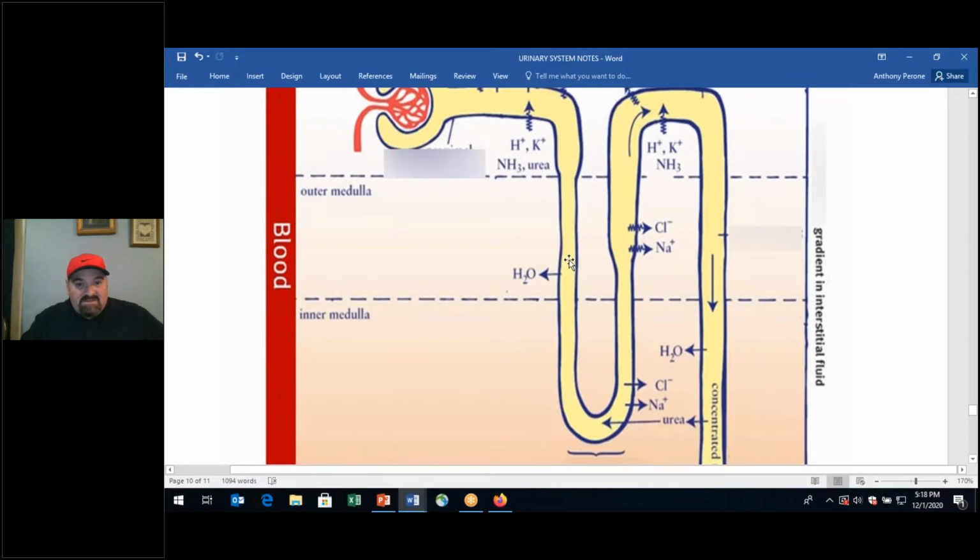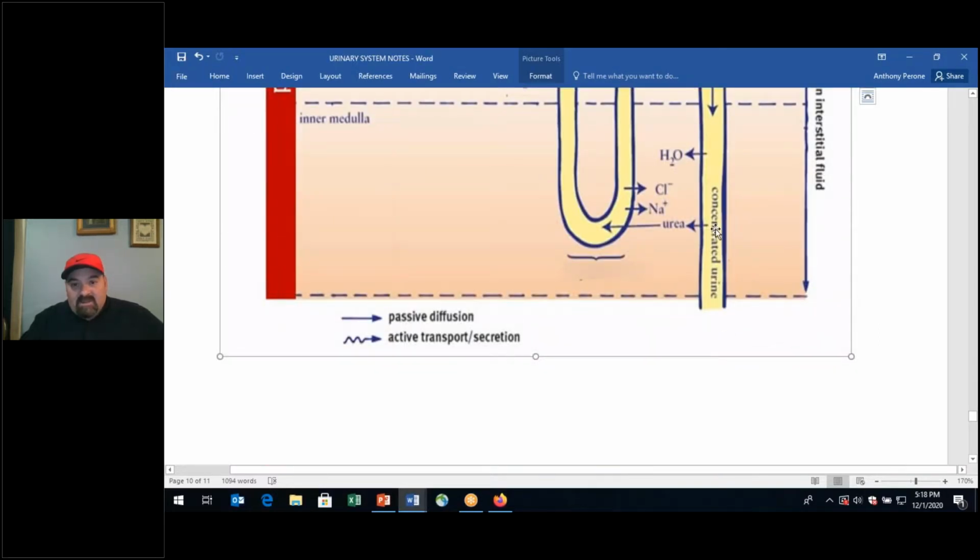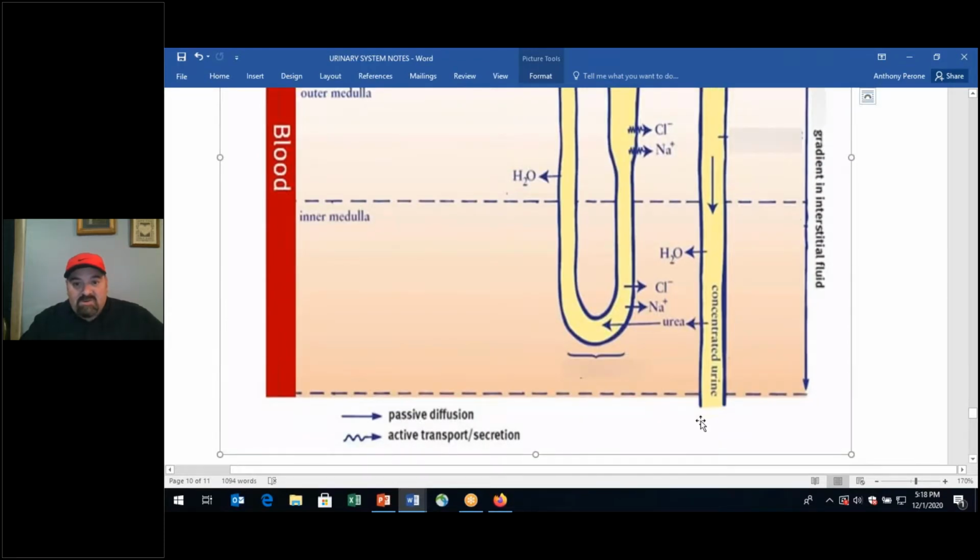Then the descending branch of the nephron loop, the ascending branch of the nephron loop, and then the distal convoluted tubule. It's not convoluted here, they're just, for example, and then draining into the what? The collecting duct, right? And this will be the concentrated urine leaving the body, draining into the minor calyx.